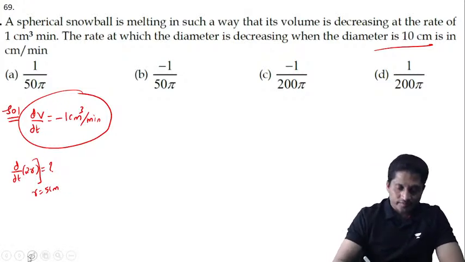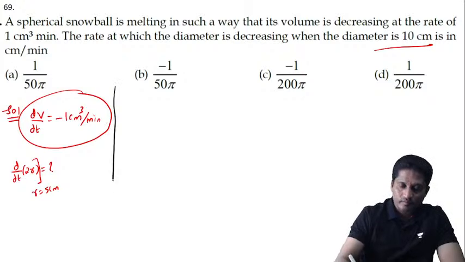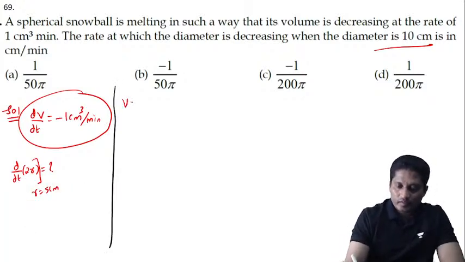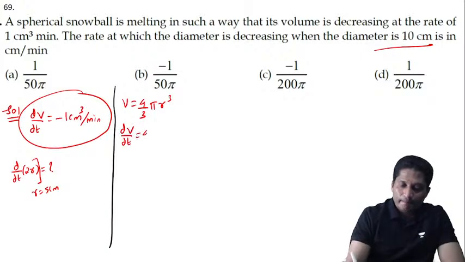Right, now volume of a sphere is 4 by 3 pi r cube. COMEDK problem. If I differentiate, dv by dt is equal to 4 by 3 into pi, differentiation of r cube is 3r square into dr by dt. This will cancel. dv by dt is minus 1 is equal to 4 pi r square into dr by dt.